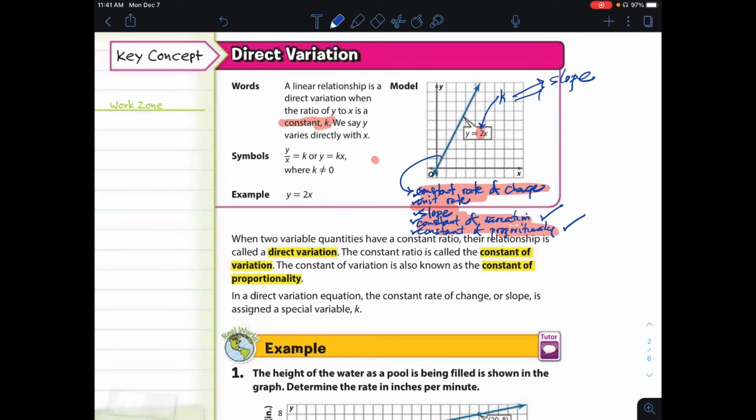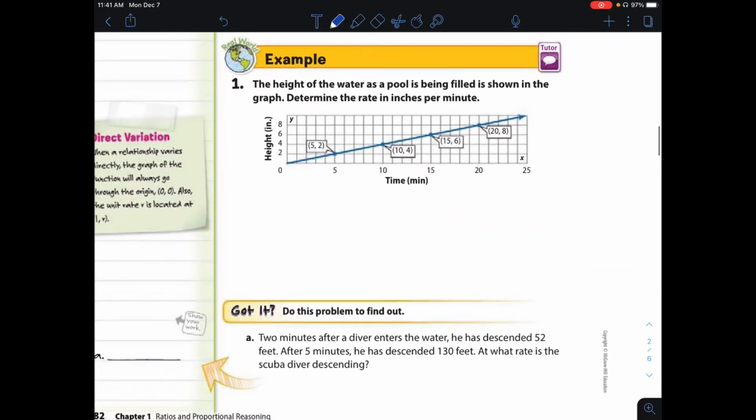Let's take a look at example number 1 and see how this works. The height of water as a pool is being filled is shown in the graph. Determine the rate in inches per minute. Let's analyze the graph. On the x-axis, again, we have time, which is in minutes.